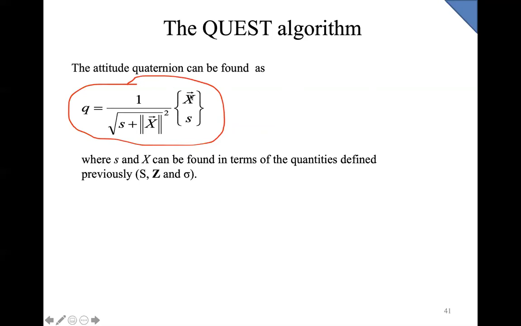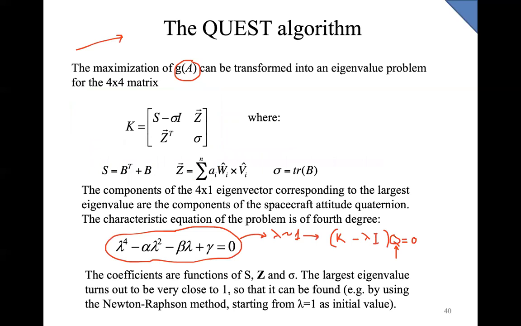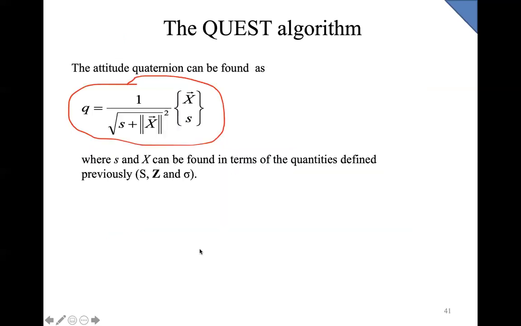The reason is that this quaternion corresponds to the solution when lambda is exactly equal to 1. When you know that lambda is exactly equal to 1, you can substitute 1 here, and you can determine that the quaternion has a form similar to this one, and you can derive by yourself the function of these parameters S, zeta, and sigma.